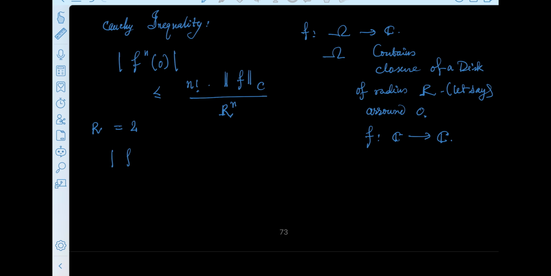So then by Cauchy inequality we have n factorial times some constant, because I am fixing the radius around 0, so r equals 2. So I am fixing this circle, and this is a constant divided by 2 to the power n.